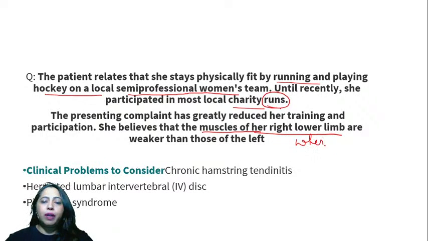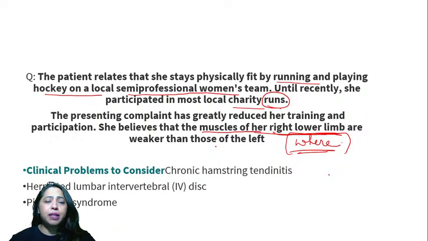She's not mentioning whether it is in the thigh region or in the leg region, because usually the patients don't give so much information. It is for us to figure it out. So this is what exactly her complaint is: the muscles of the right lower limb are weaker than those of the left when she compares. So what could be the problem? What could be wrong with this?